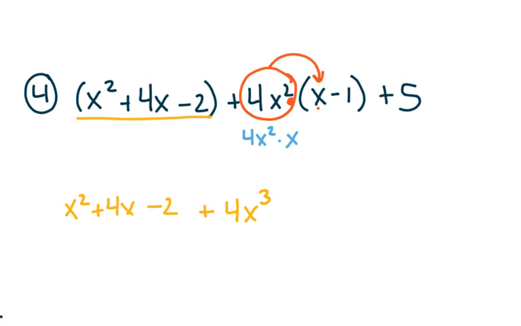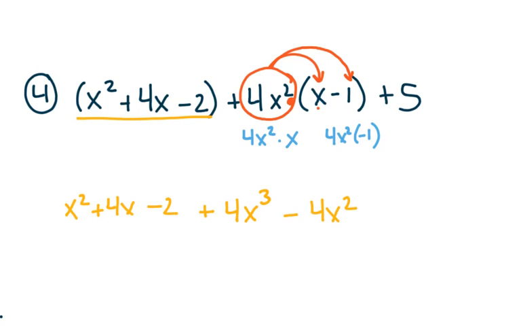Then I distribute the 4x squared to my minus 1. So I'm finding the product of 4x squared times a negative 1. When I multiply that, I get minus 4x squared.